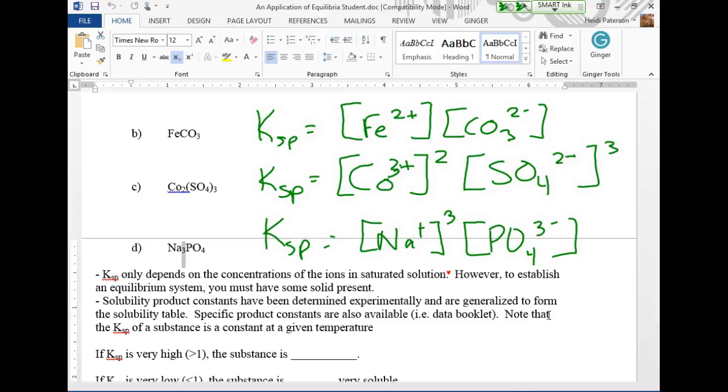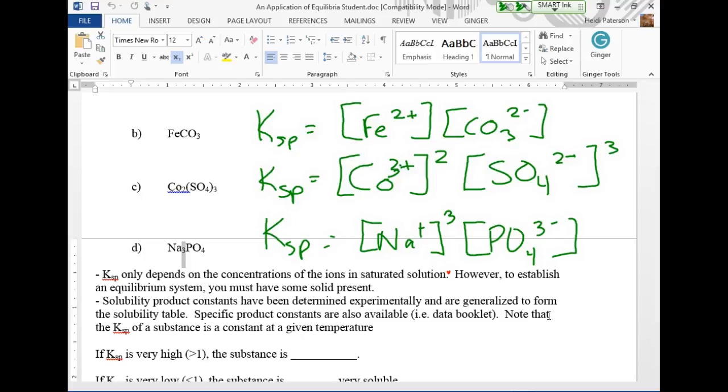Thankfully, scientists have already done all the hard work on this, and they've generalized solubility rules in Table 5. You also have some known values for insoluble products on page 6.